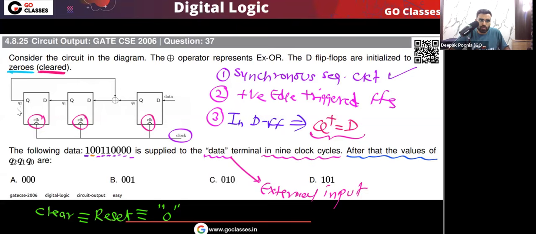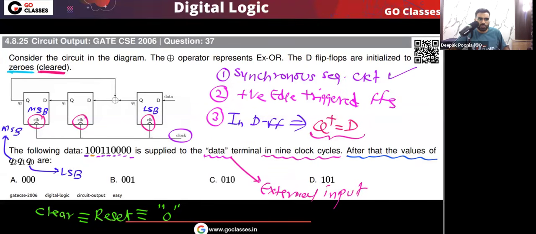You tell me, which of them is the MSB? Here it is given that Q2 is the MSB, because we are representing the state like Q2, Q1, Q0. So Q0 is the LSB. Please understand, this is the LSB flip-flop and this flip-flop is the MSB flip-flop. Very simple.